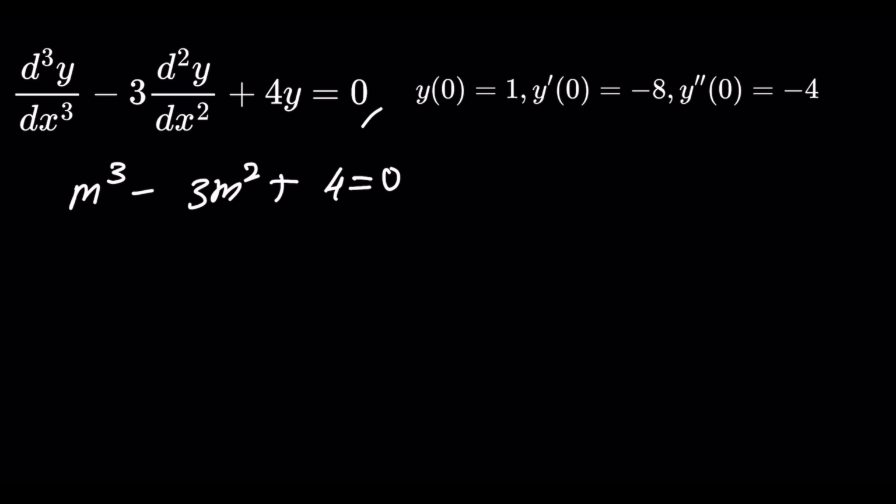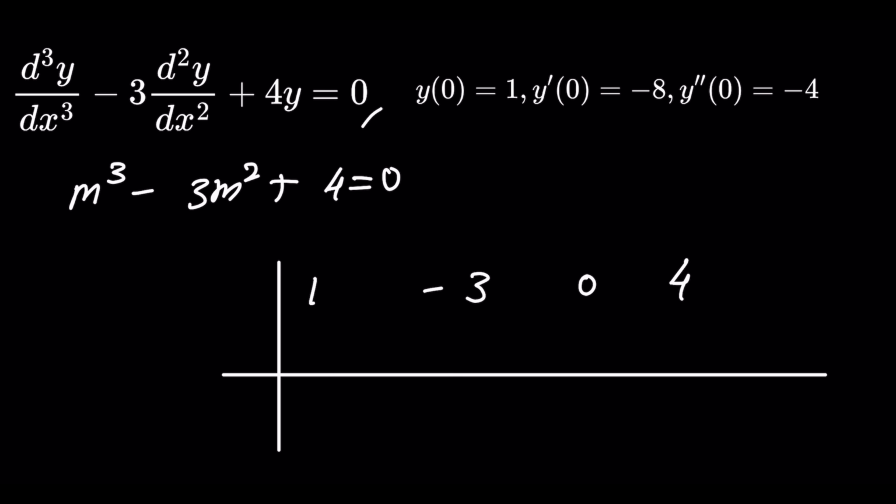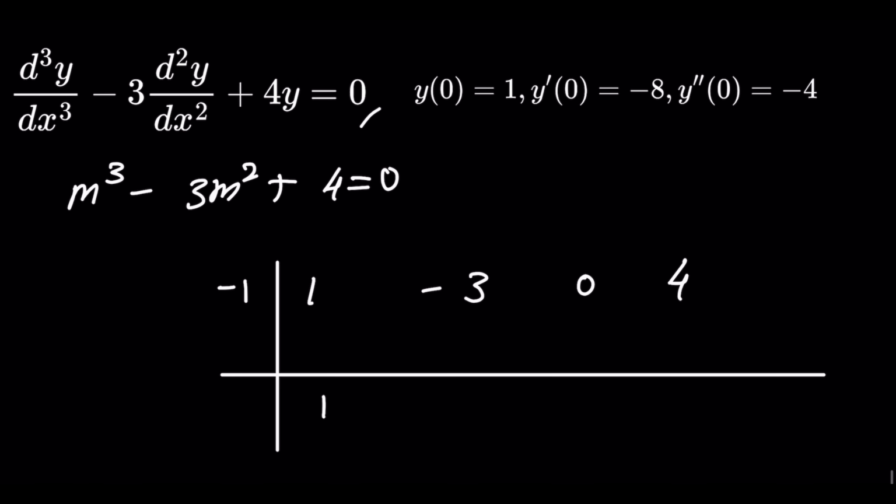Let's carry out a synthetic division, writing the coefficients of this auxiliary equation. Writing 1 as it is, multiplying 1 times -1, and writing it here.